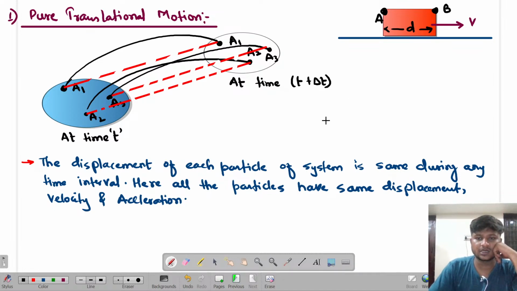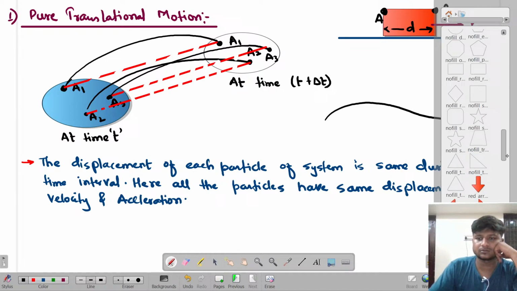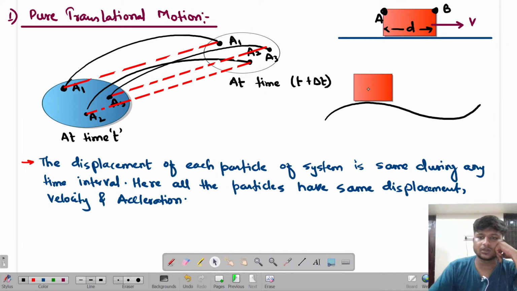Even if I consider a curved path, and I consider a block over here, moving this way with velocity like this.